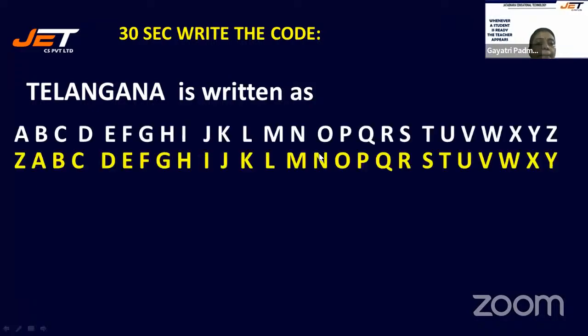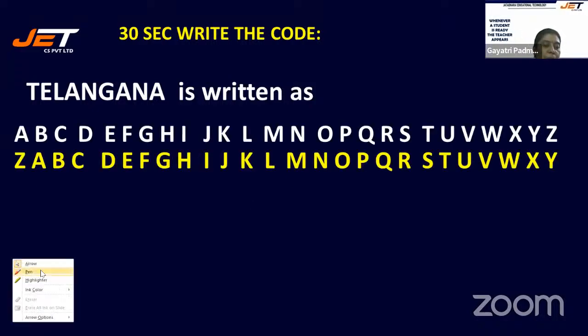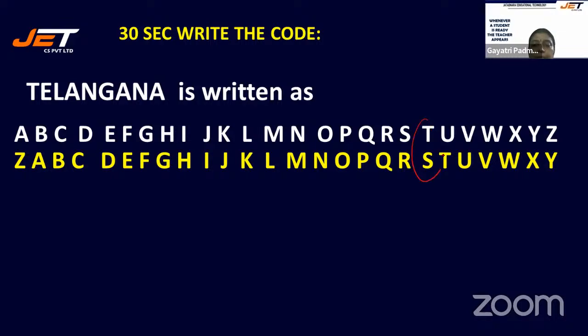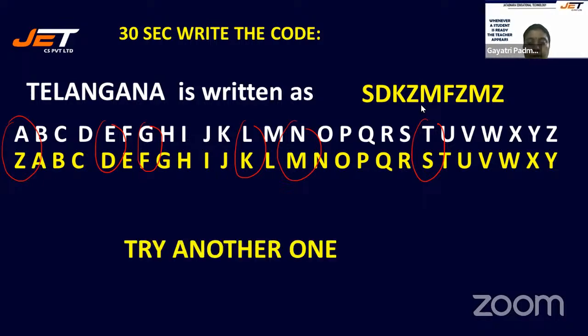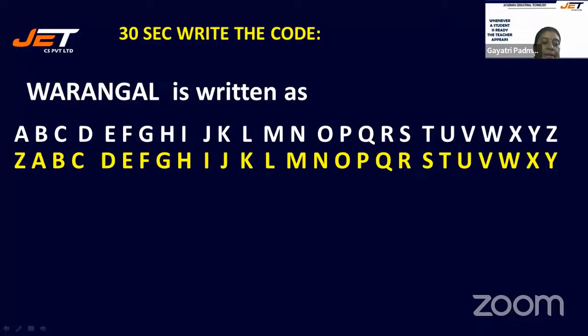Now let us try TELANGANA. T is S, E is D, L is K, A is Z, N is M, G is F, A is again Z, N is M, and A is again Z. So it goes like S, D, K, Z, M, F, Z, M, Z. Now let us try WARANGAL.